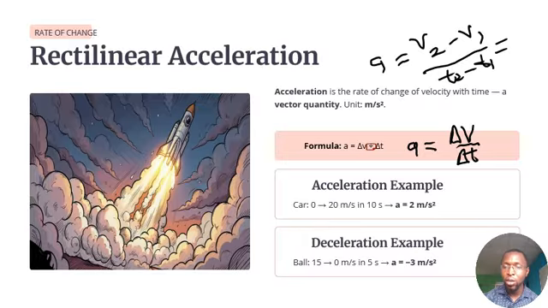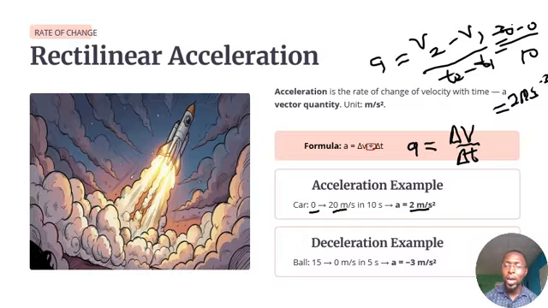In this case, our v2 is 20, our v1 is 0, so that will be 20 minus 0 over the time interval of 10. So 20 over 10 gives us 2 meters per second squared. That's how we got the acceleration here.